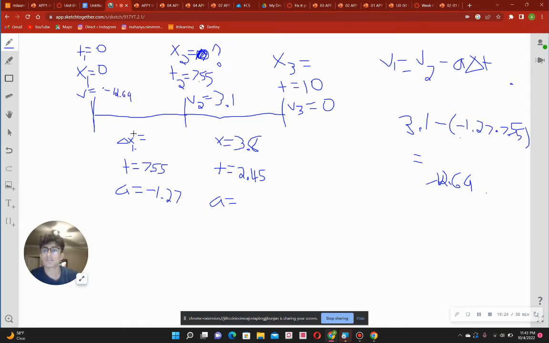So negative 12.69. Now we can finally solve for what we're looking for using equation 2a as well.